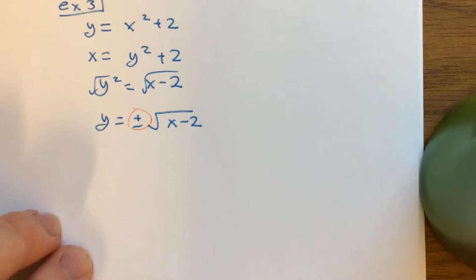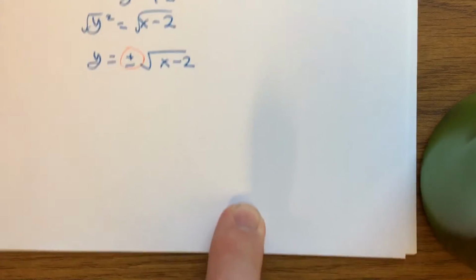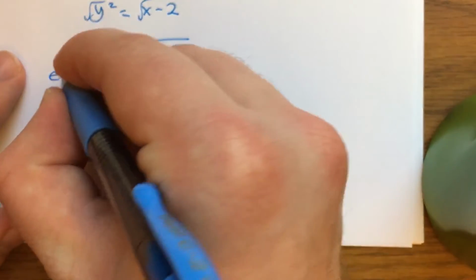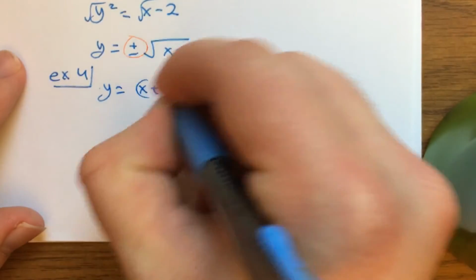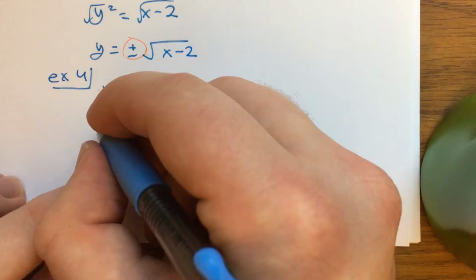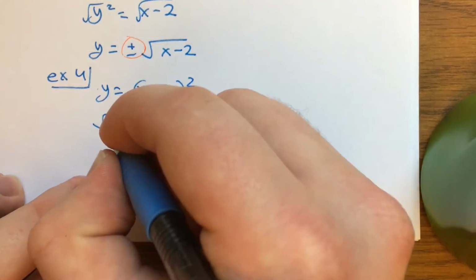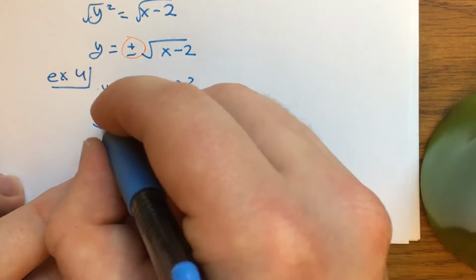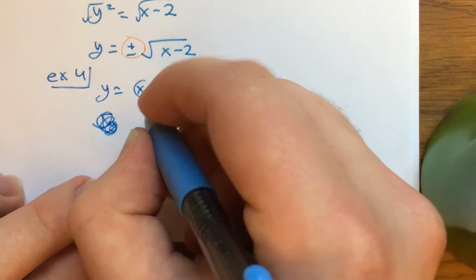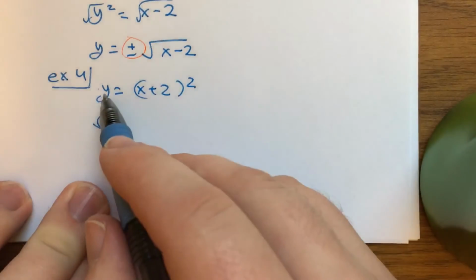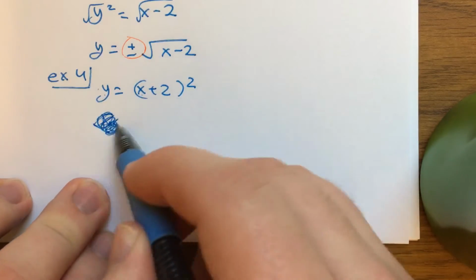Okay. Don't get too excited. Example 4. Let y be equal to x plus 2 quantity squared. Then the square root of y... nope. Remember, we have to start off with flipping the x's and y's.